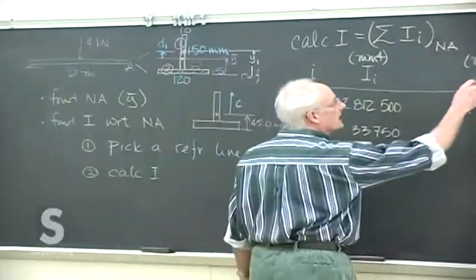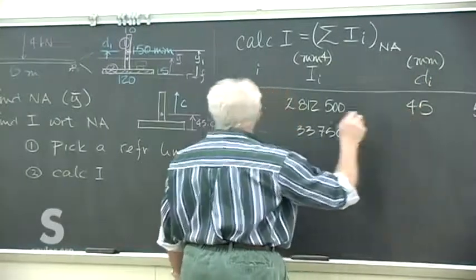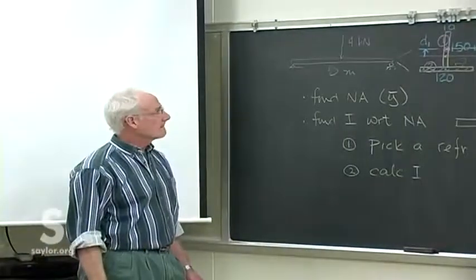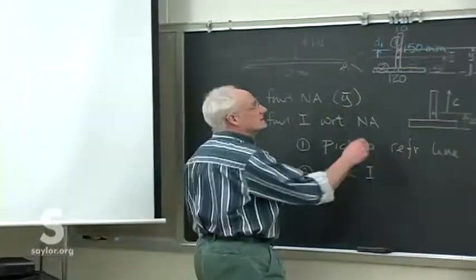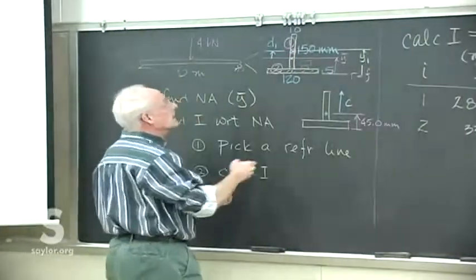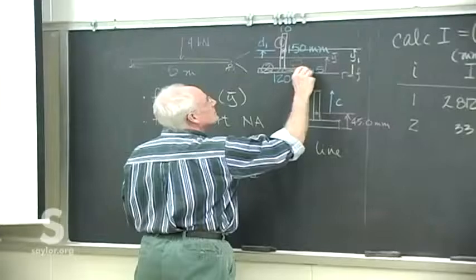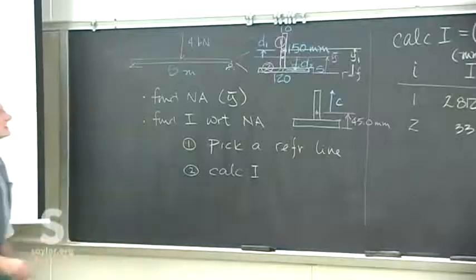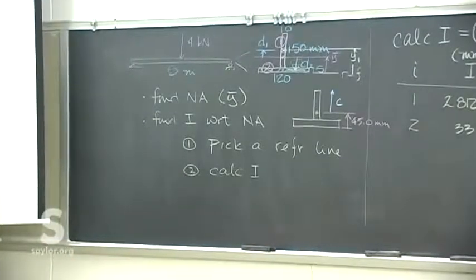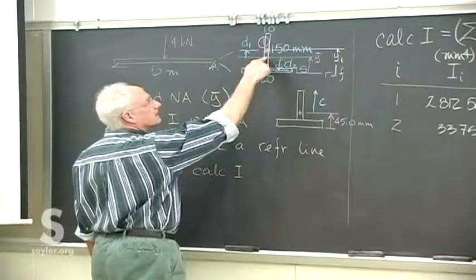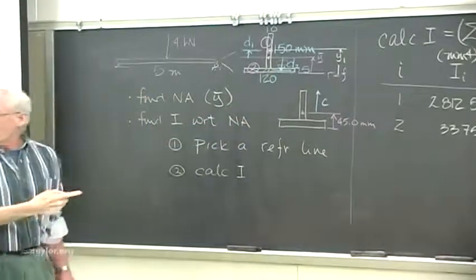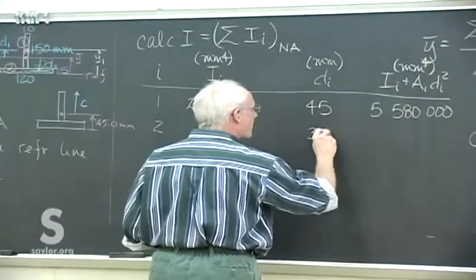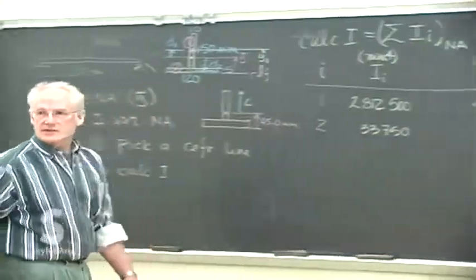The location of the centroid of the second piece with respect to the neutral axis. The neutral axis is here. The centroid of the second piece is right in the middle of it. That distance is D2. So we're 45 up, and we come back 7.5, so that's at 37.5. Don't round off too much on these.